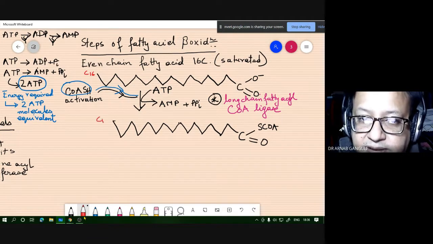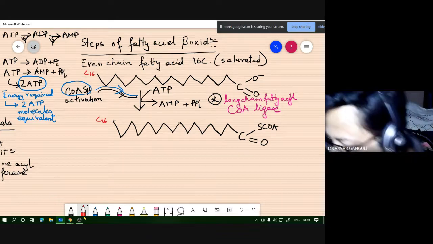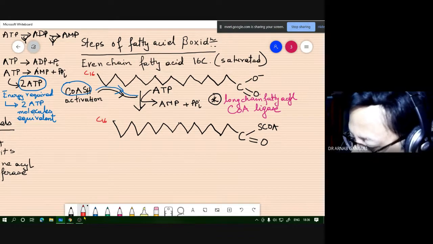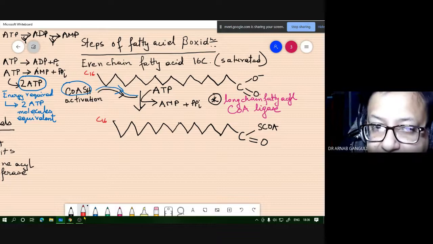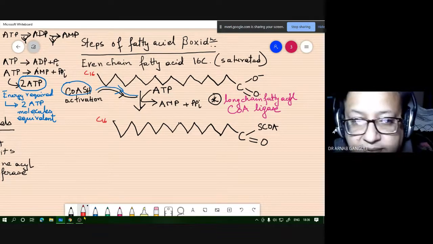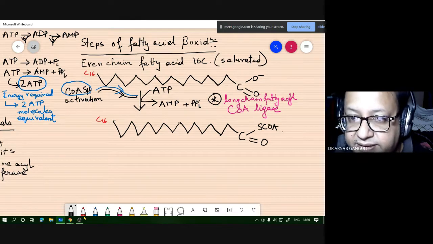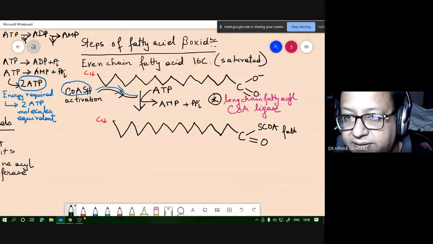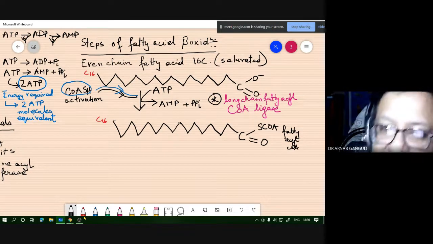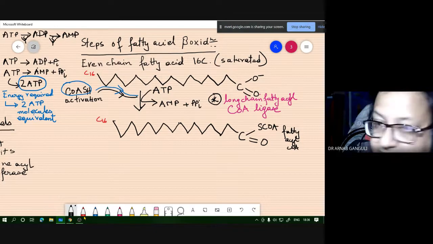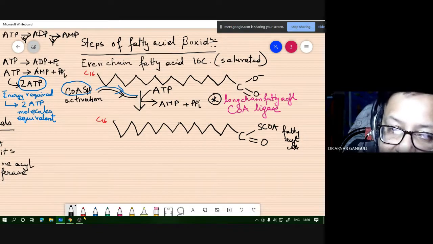This is C16 over here. This is a fatty acyl CoA. It is no longer a fatty acid. It is a derivative of a fatty acid.